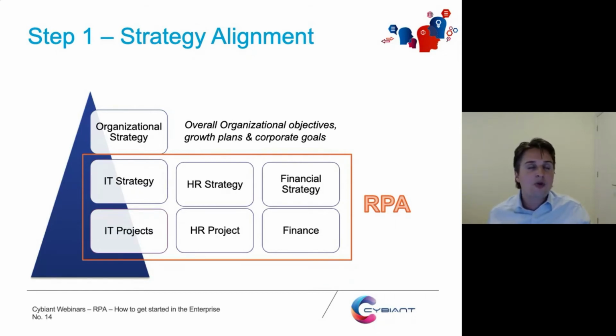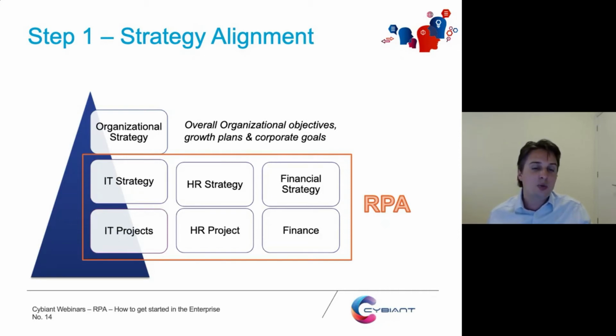Based on that overarching strategy of the entire organization, there are typically department plans that are being worked out by different department heads. For instance, as you can see here on the slide, the organizational strategy will cascade down into an IT strategy, financial strategy, HR strategy, etc.